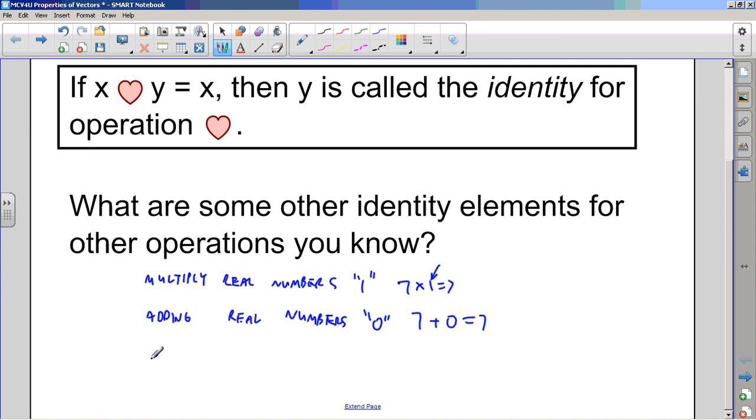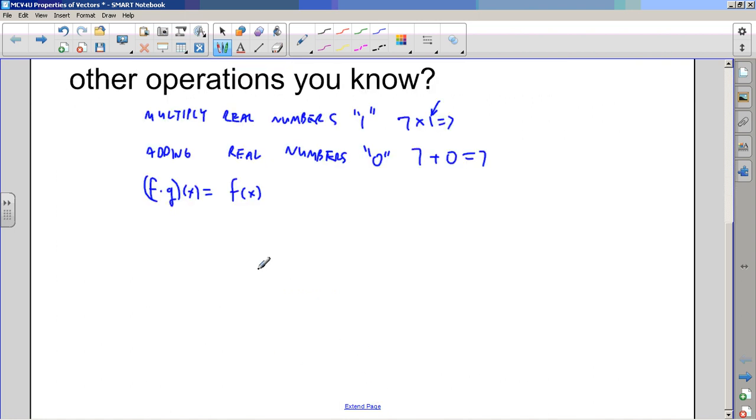What about function multiplication? If we had this and the answer is that, what would have to be true about the g function? Well, this thing is f at x times g at x, and then if that answer is f at x, we see g at x must be equal to 1.